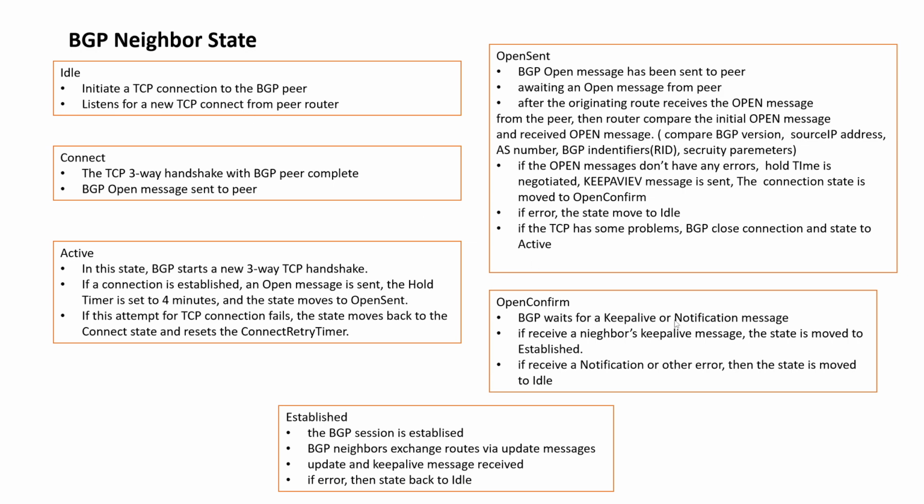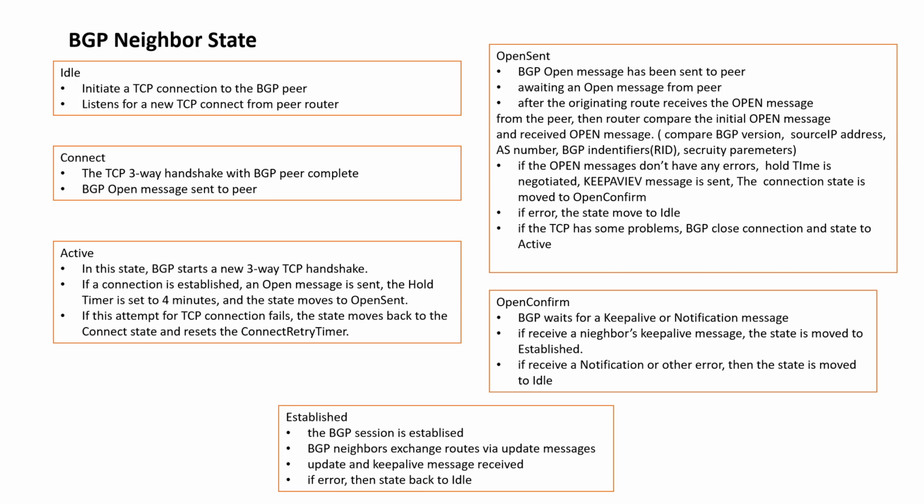The next state is called open confirm. In this state, BGP waits for a keepalive message or notification message. If it receives a neighbor's keepalive message, the state moves to established. If it receives a notification or other error, the state moves to idle.